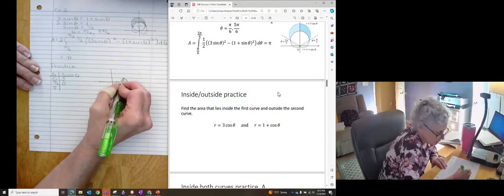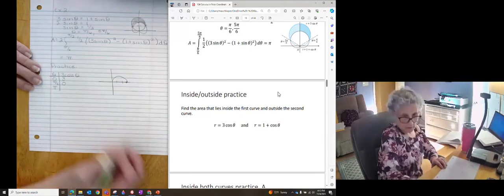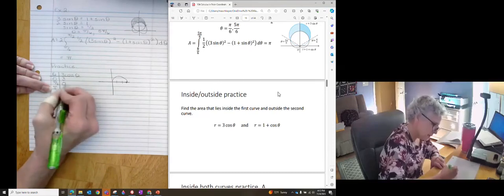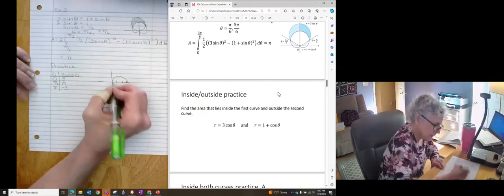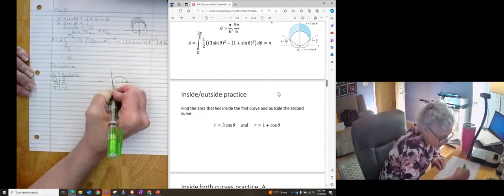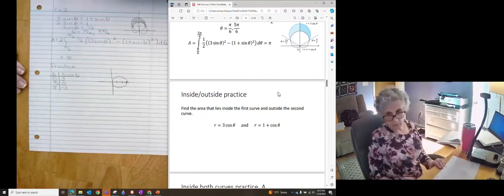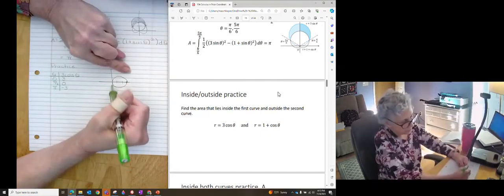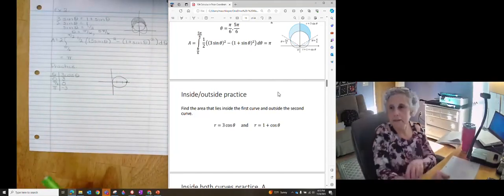So we've circled up and gone to 0. At pi, I have 3 times cosine of pi, which would be -3, and that brings me back around to close my circle. So this circle lives to the right of the y-axis.